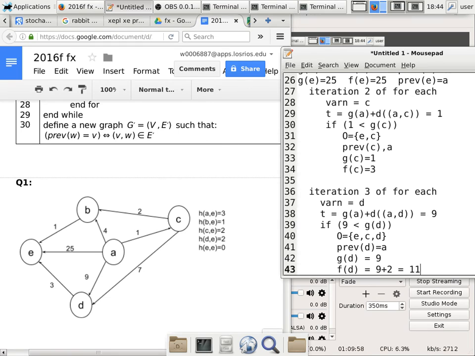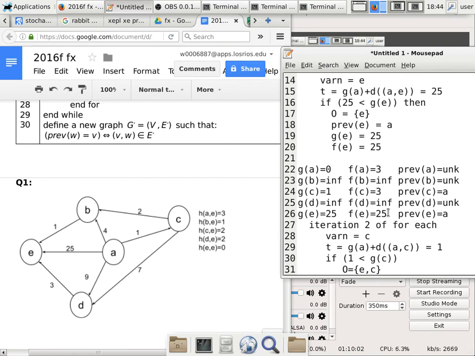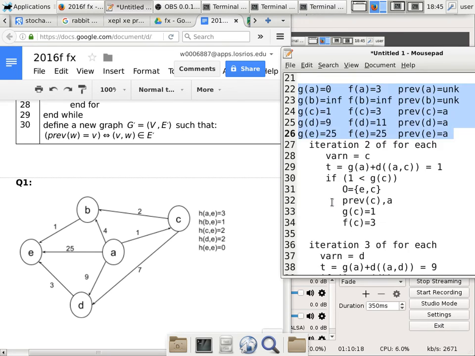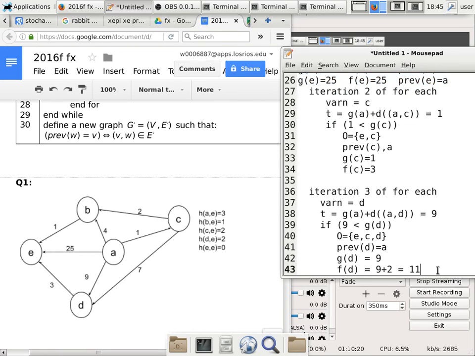So the total is 11. Okay? So now we go back here and update these numbers. So this is no longer infinity, it is 9. This is 11. And this is A. So we'll go ahead and copy and paste this just so that it's easier for us to see it like this.